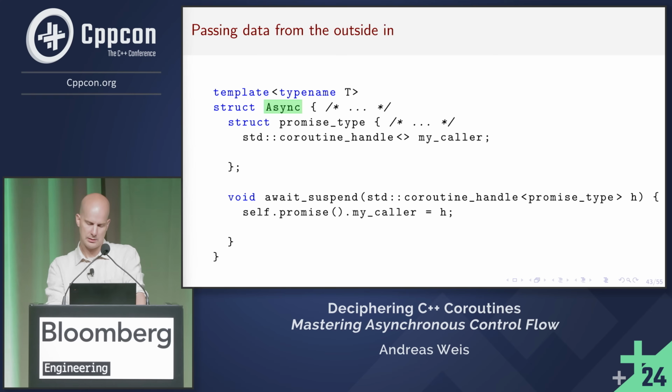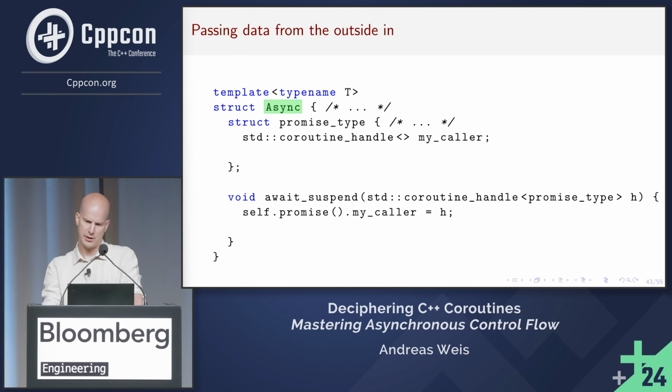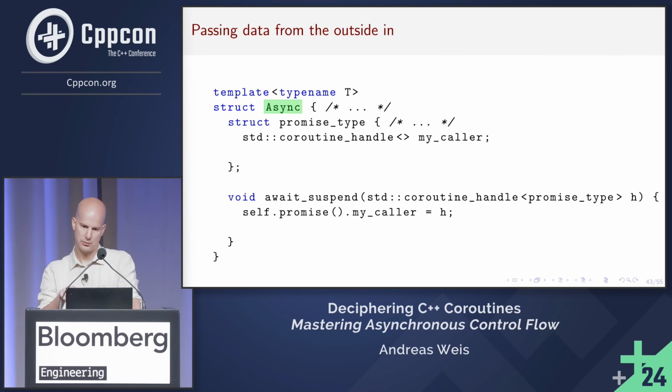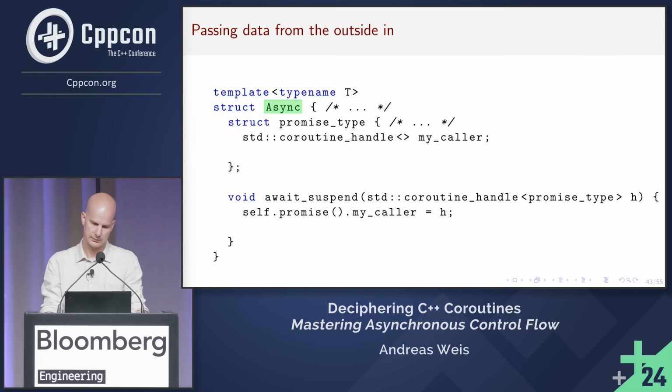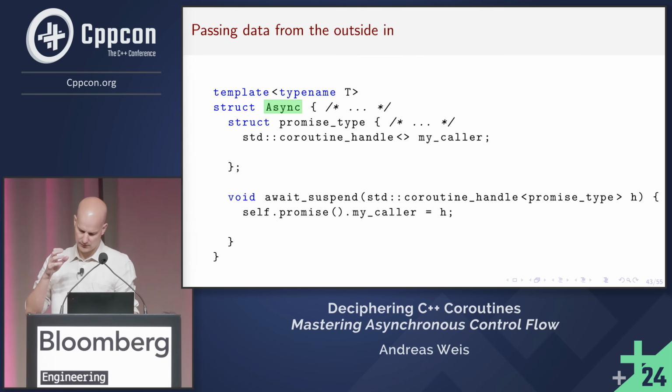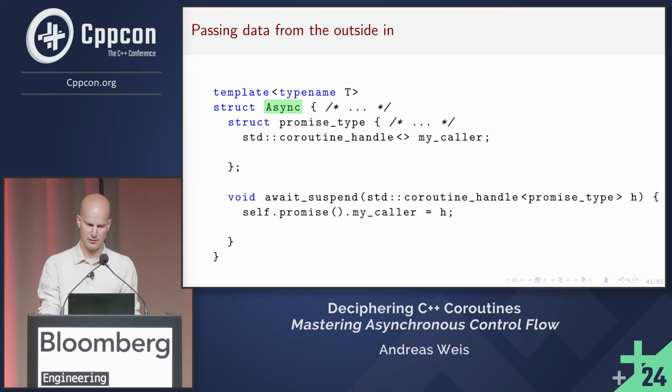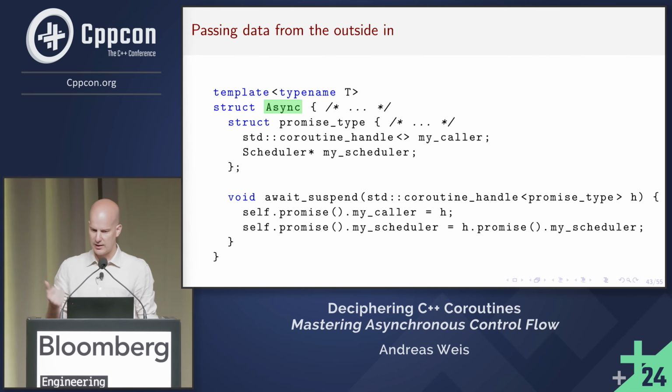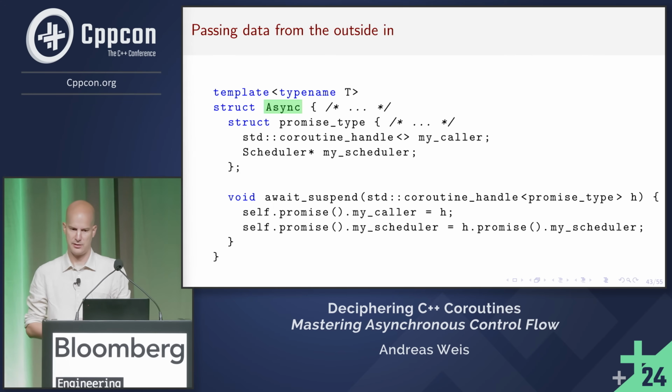So our async awaitable has a link to the caller, right? But when we establish that chain, we can pass along the scheduler in the same way.